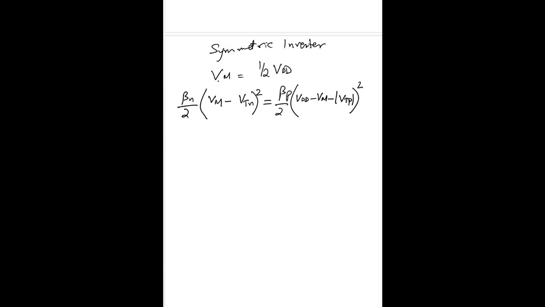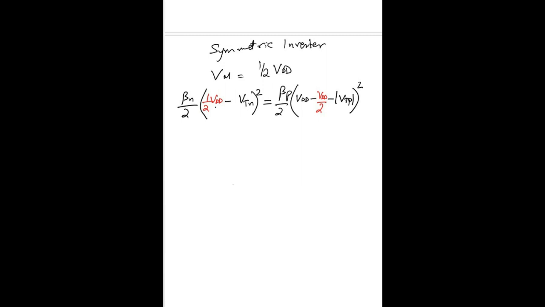If we have to satisfy this condition, I can replace this Vm and this Vm here with 1 by 2 VDD, obviously VDD by 2. So our updated expression has VDD by 2.